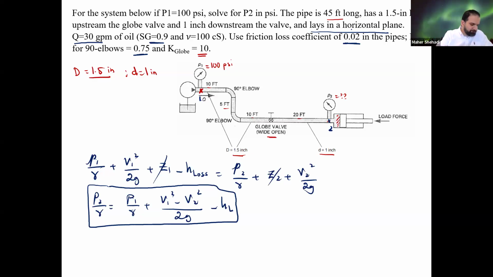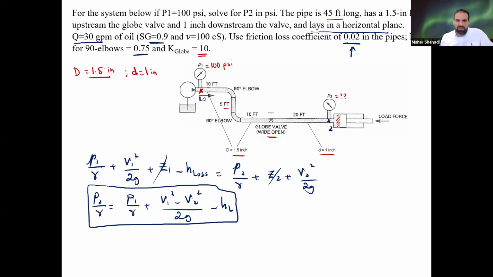But I'll make a note: we will need to find the Reynolds number. Either way, I will need to find the velocity in the pipes. After that, I will find the Reynolds number and then the friction loss coefficient. Because we have two diameters, you will need to do it twice: one for the pipe that has a diameter of 1.5, and one time for the other one.